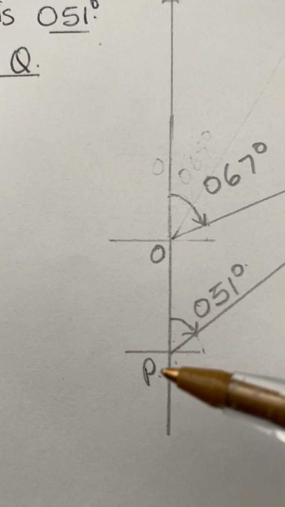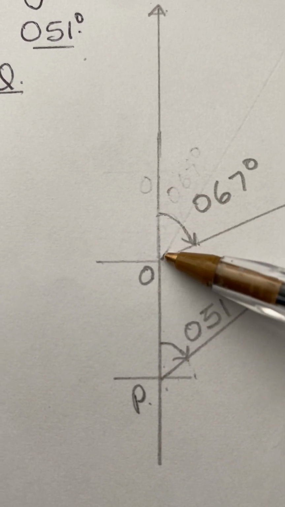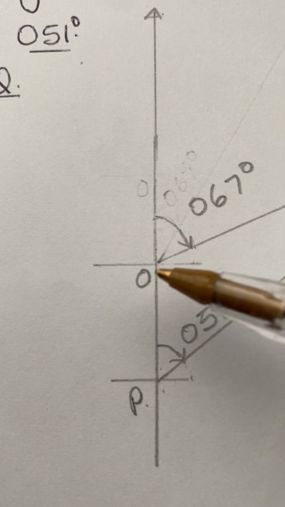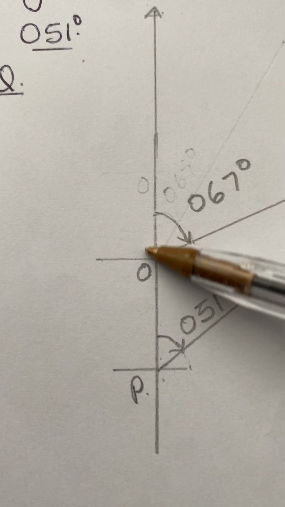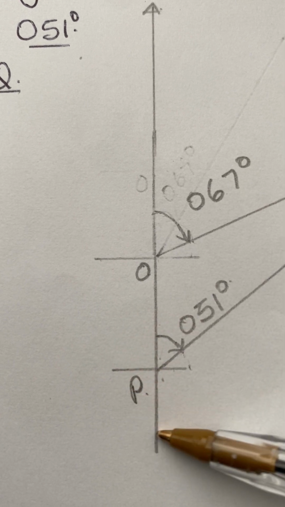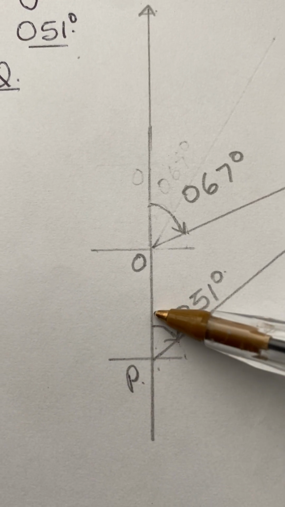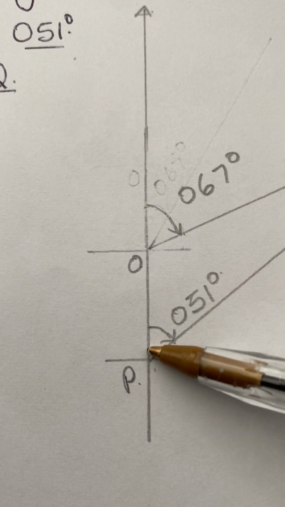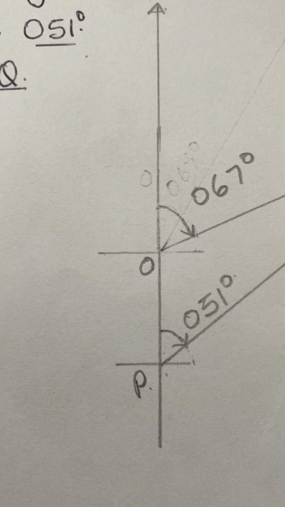So we come to P. Here we've not been told the distance, so we've just chosen any point on the line. And even though we don't have the full circle, we know that 051 will be in our first quadrant.